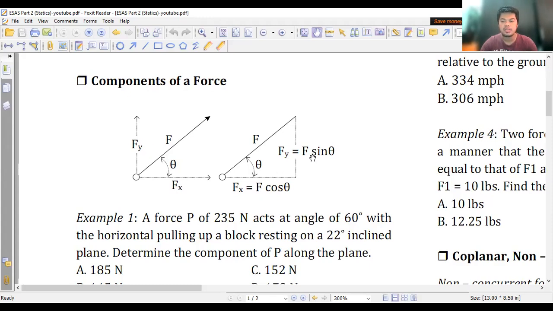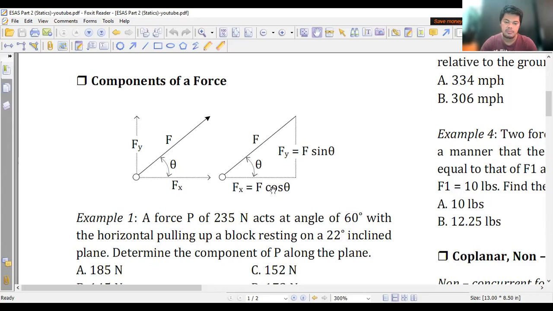For a three-dimensional system, of course, we have the x, y, and z components of the force. We use the concept of trigonometry to identify the components of the force on each of the axes.